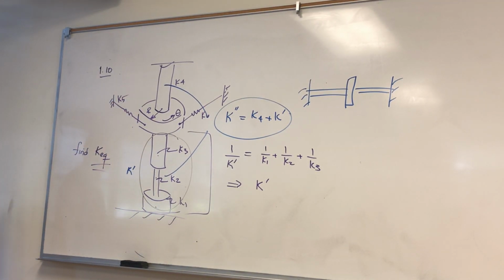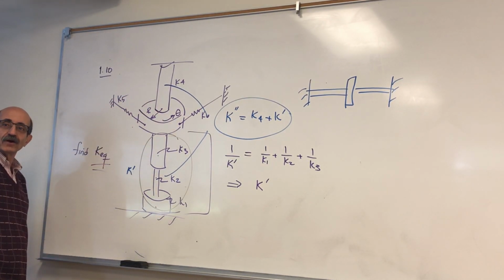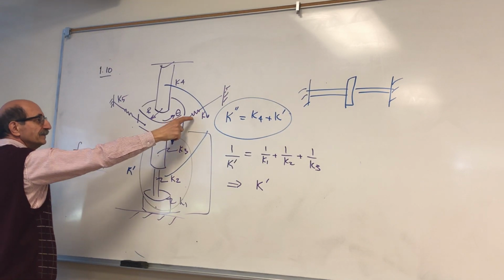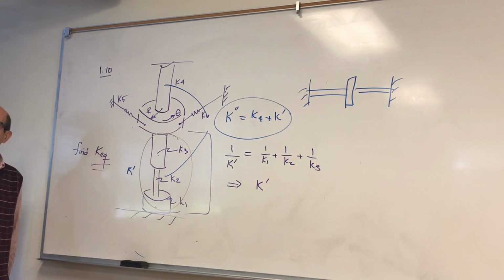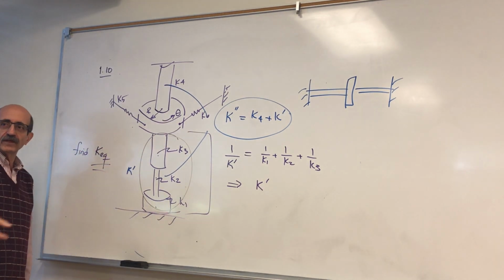Yes? One more time, where did you account for K4 and K6, K5 and K6? Oh, I haven't got there yet. Now, in order to get there, if this is turning, K5 and K6 will be experiencing the same deformation, because they're going through a deformation which is R theta.